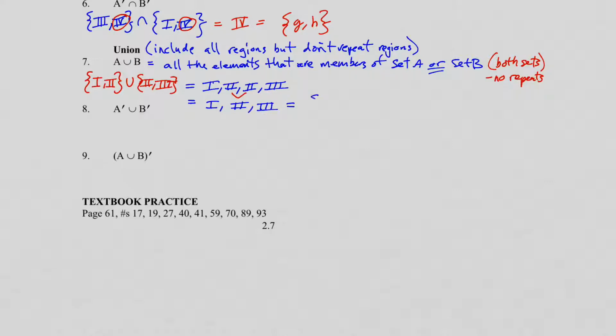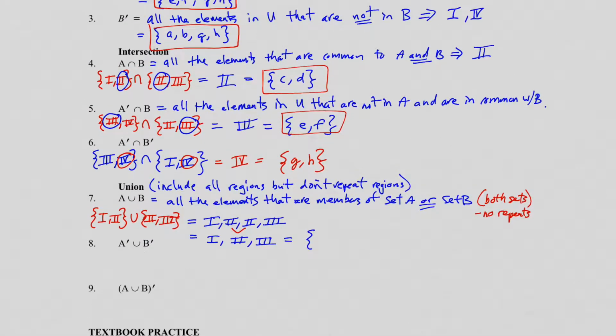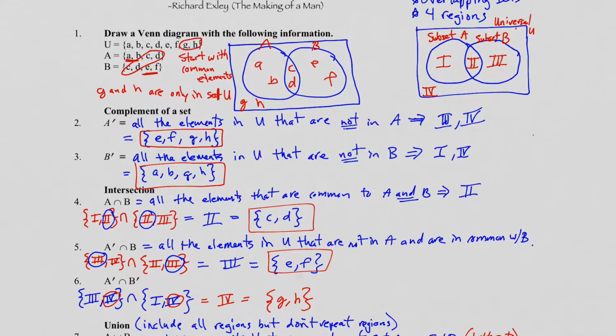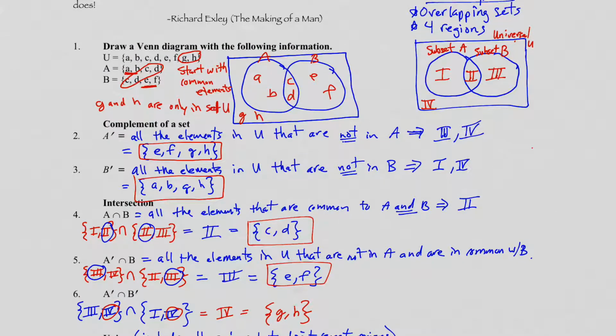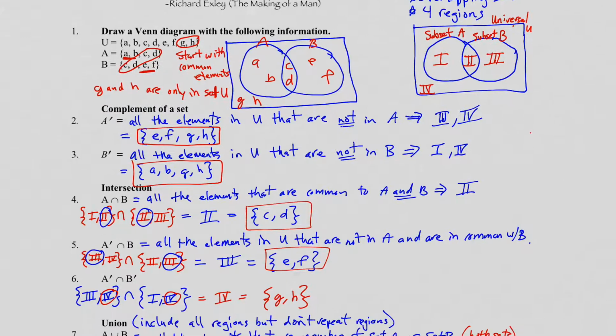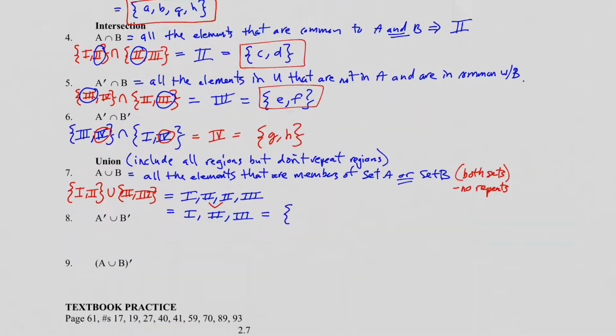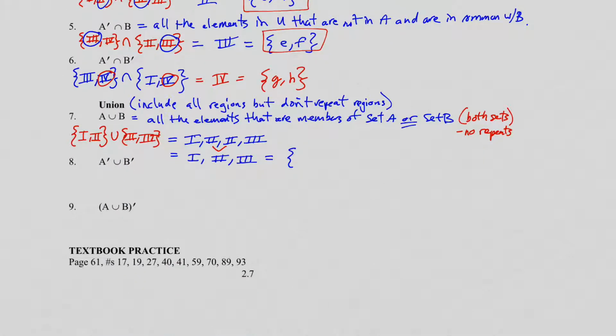Okay. So all you're going to do is look at all the elements in 1, 2, and 3. That's basically in both circles. A, B, C, D, E, and F. Those 6 letters are in both circles. Okay, but we're not going to repeat the C and the D. We're just going to write it once.